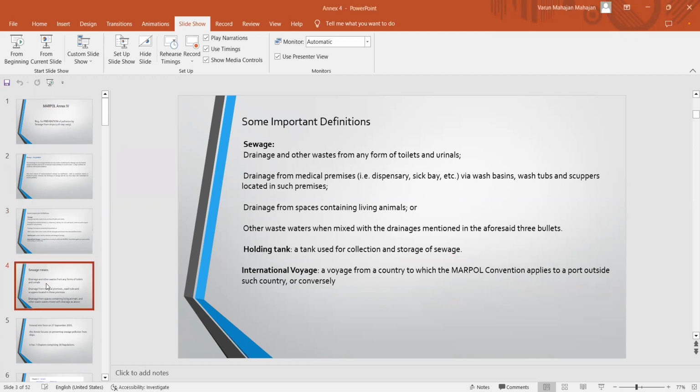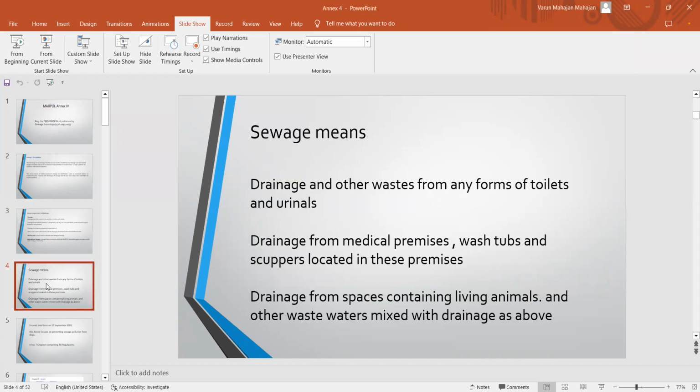This definition we have already seen: the drainage and other waste from any form of toilet and urinals, drainage from medical premises, and drainage from living animals, and other waste when mixed with the drainage as above.